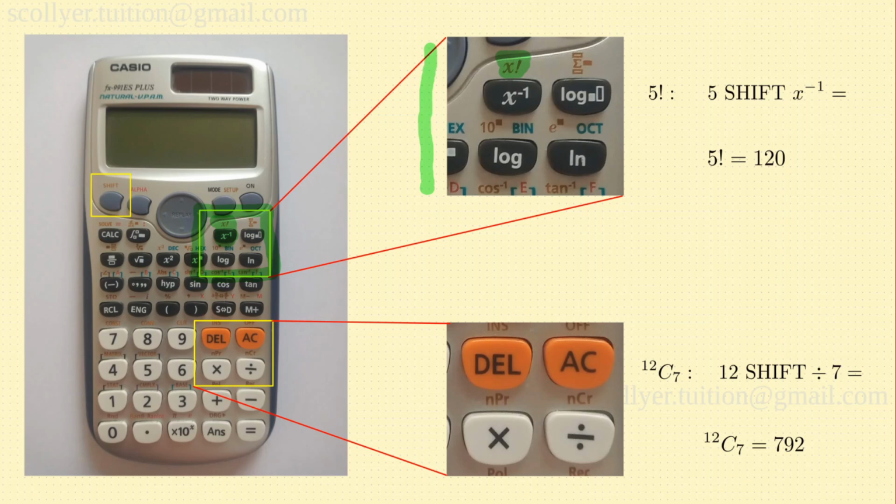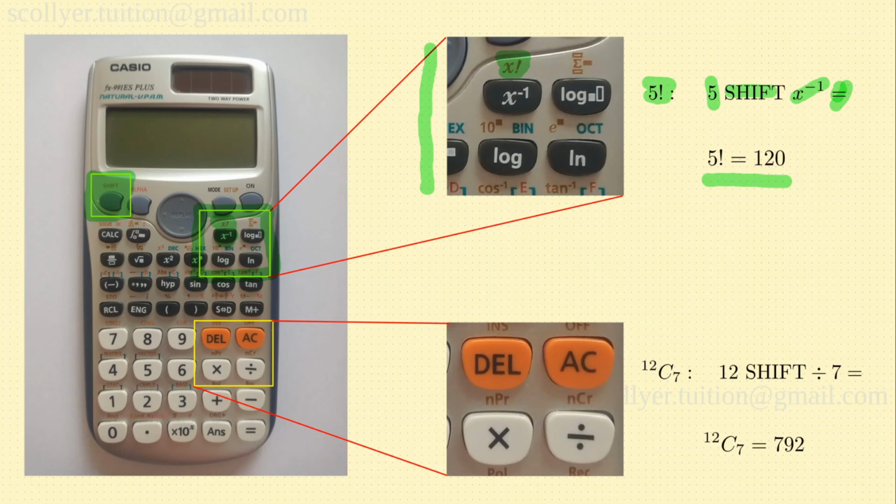And so to compute, say, 5 factorial, we use the key sequence 5 shift x to the minus 1, where the shift button is here at the top left in this yellow box. And your calculator will tell you when you press equals that 5 factorial equals 120.